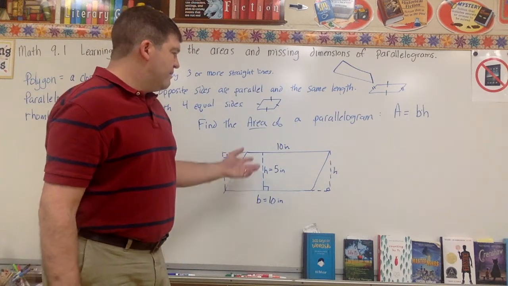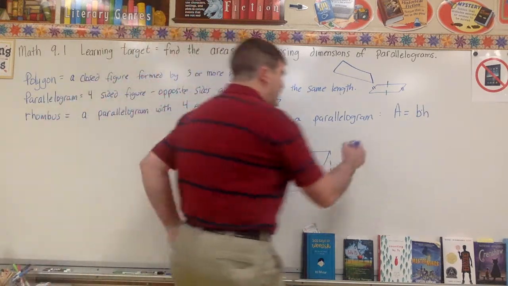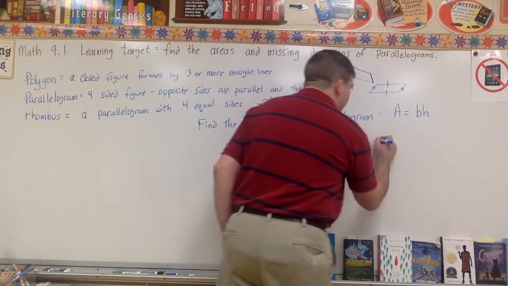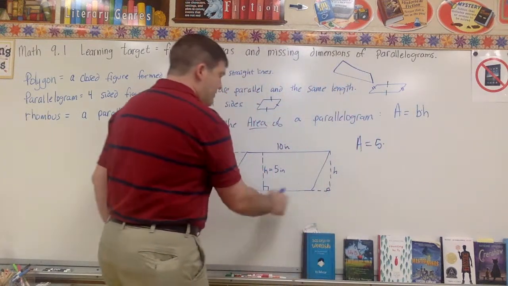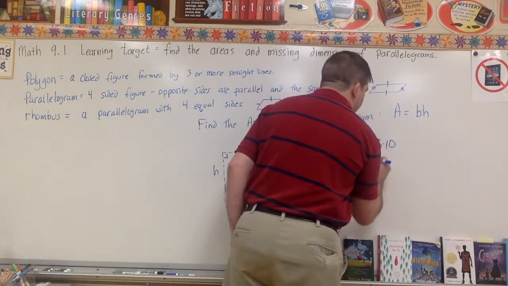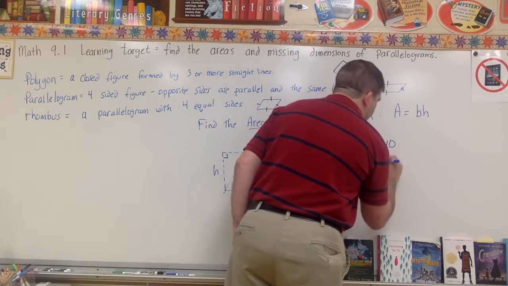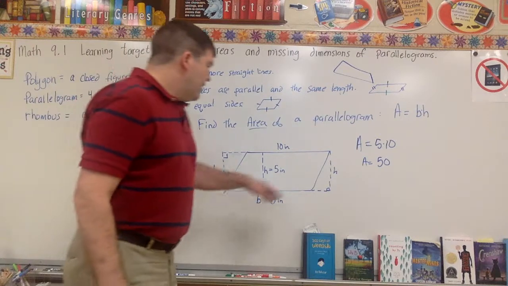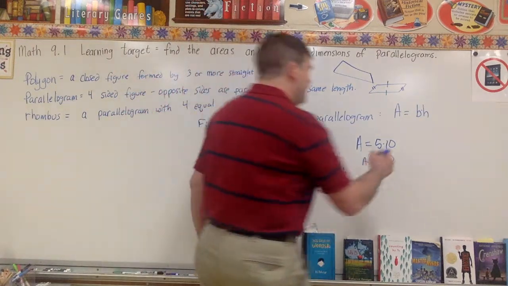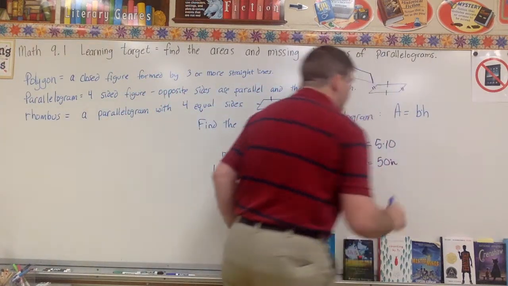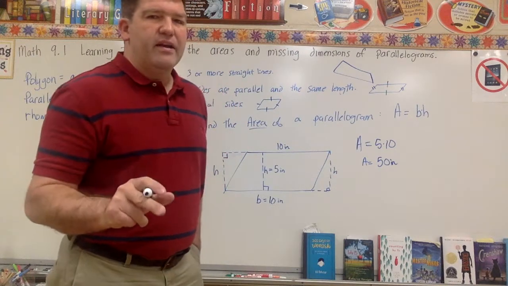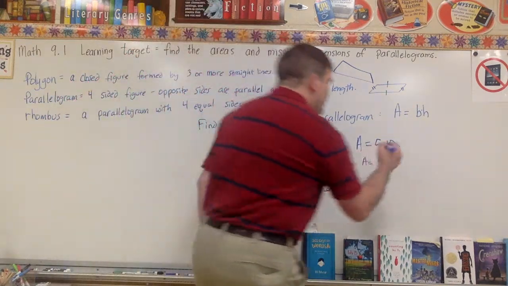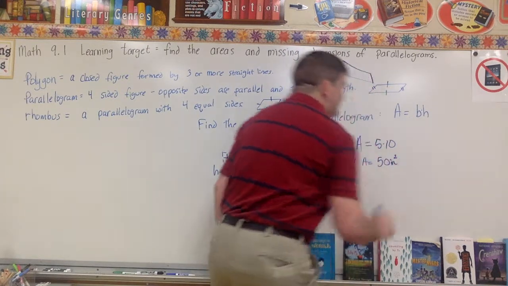All right. Now, let's just do the formula. Area equals my height is 5, and my base is 10. Area equals 50. Okay. 5 times 10 is 50. What am I dealing with? Inches. And when you're dealing with the area, it's always squared, which means that it has this little 2 right here.